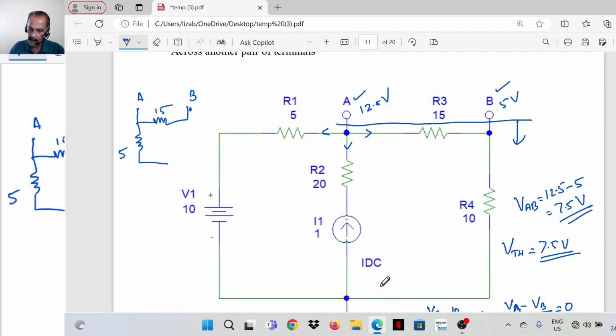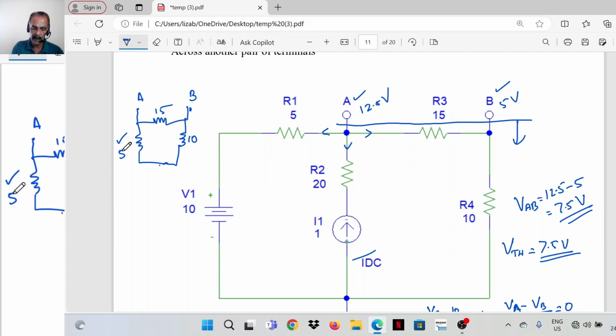Between A and B, V1 is replaced with a short circuit. So A to reference, in that branch there is a 5 ohm resistor. The current source is replaced with an open circuit, so that branch is taken out. Then B to reference, it is 10 ohm.